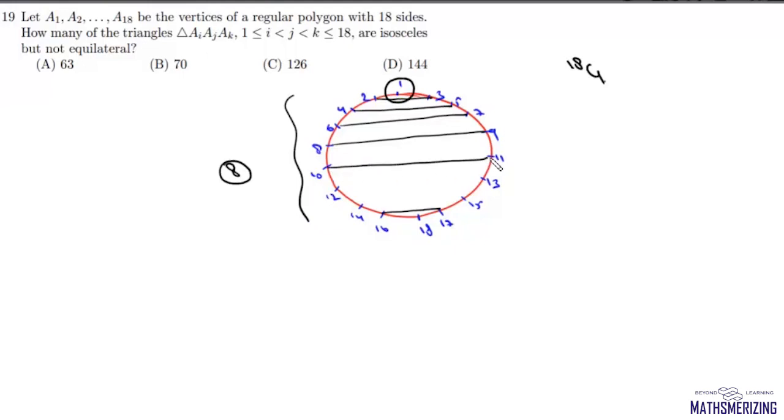When we choose any one pair, it will always form an isosceles triangle. But out of these 8, there will be one which forms an equilateral triangle. So we want isosceles which are not equilateral. So from these 8, we'll subtract 1. So total number of triangles which are isosceles but not equilateral will be 18C1 into 7, that is 18 into 7, which is 126, and that's your option C.